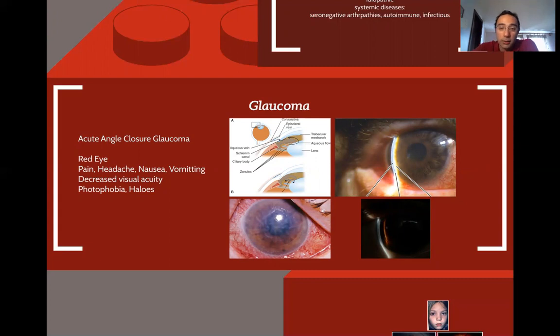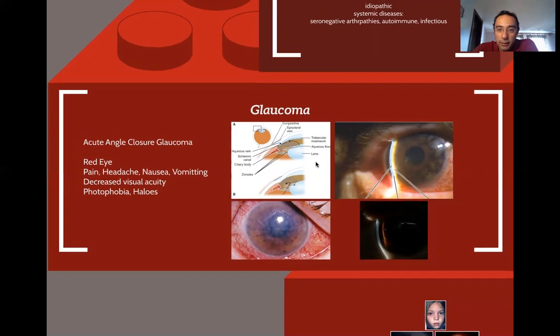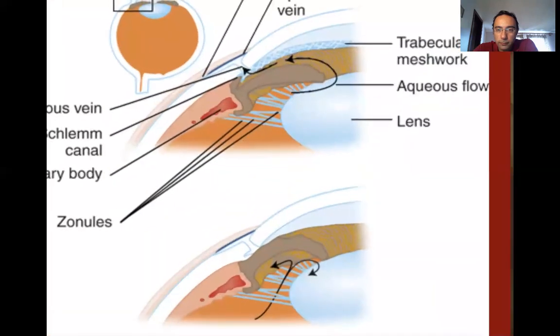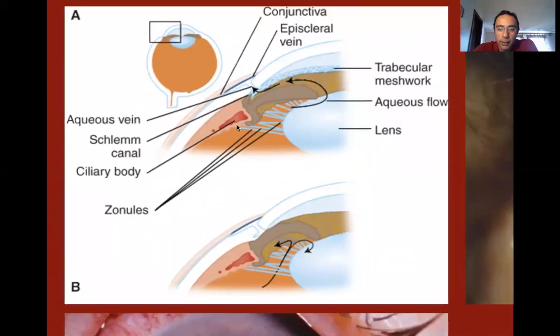And the angle is closed, which means that the normal angle is open, so that the aqueous humor is produced in the ciliary body and goes to the anterior chamber through the pupillary area and leaves the eye through the trabecular meshwork. So this part is the angle, which means the iridocorneal angle, the angle between iris and cornea.